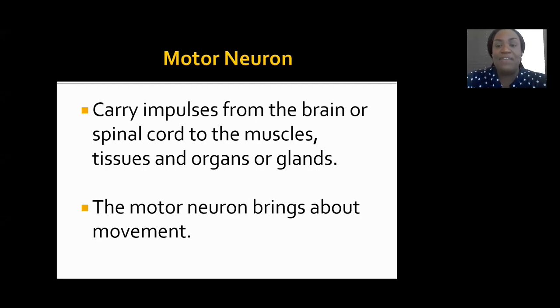Whatever the message is in the electrical impulse, the muscle, tissue, organ, or gland is responsible for bringing about that response or reaction. So remember, the electrical impulses are now being transmitted from the CNS to a muscle or gland, and this will bring about a response or movement in the organism.